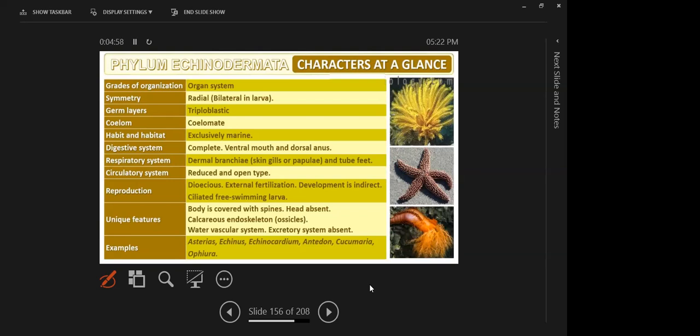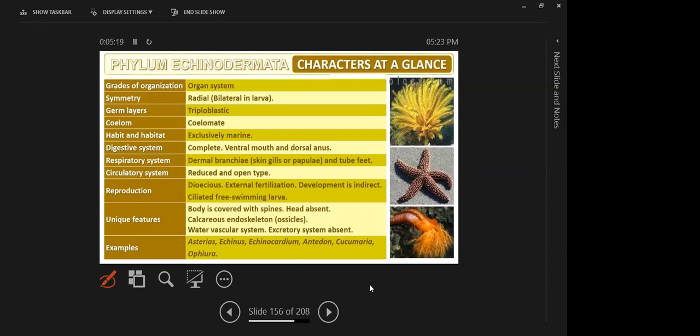But here it is radial symmetry. Porifera radial, coelenterata radial, ctenophora radial. After that, it's only bilateral. Now again radial. Exclusively marine, ventral mouth, dorsal anus. Remember that. The digestive system is complete.